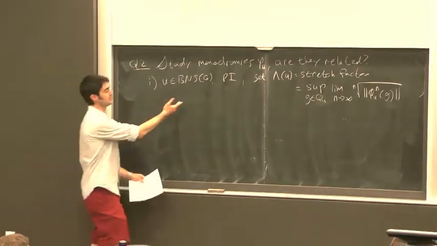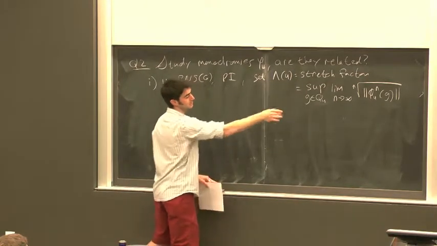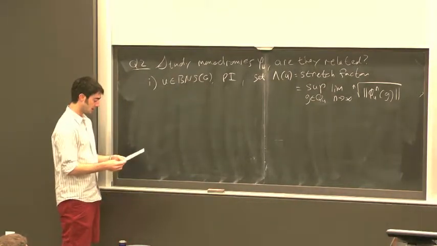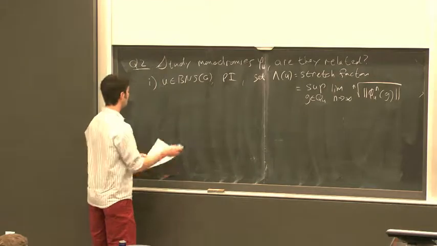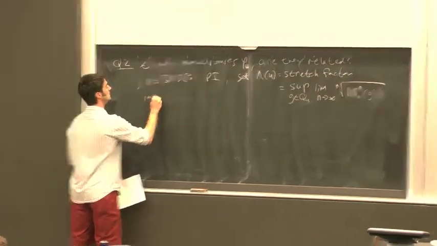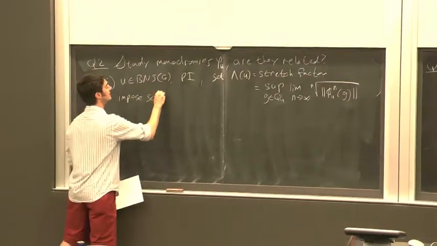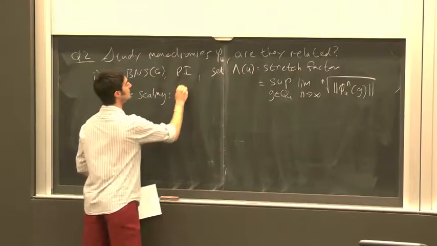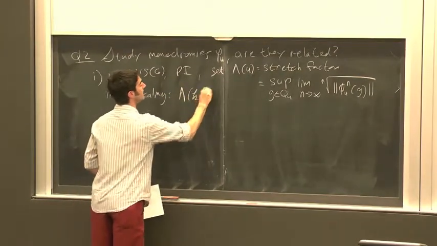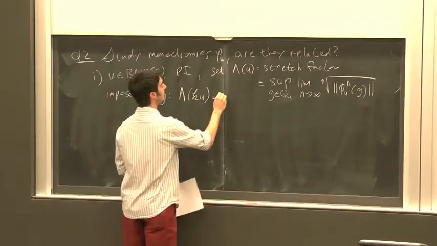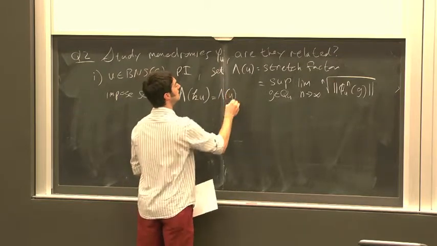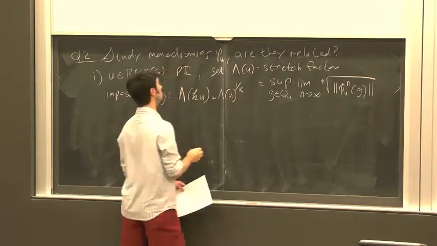Okay, so that's something you might want to know: the exponential growth rate of these monodromies. So let's do the following. Let's propose scaling, which is the right thing to do. If I multiply a primitive integral class by k, I define this quantity to scale by 1 over k.